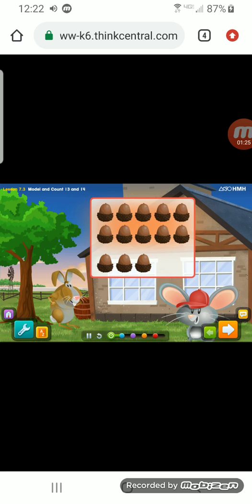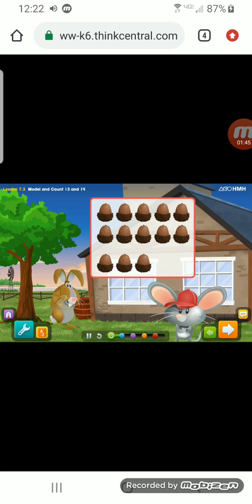Hey, there are 10 acorns and then 3 more acorns. I don't know how many that is, but I'm sure it's a lot of acorns. So, do you know how many acorns Rafferty found? I think we need to learn another number. Let's see what we can find out.